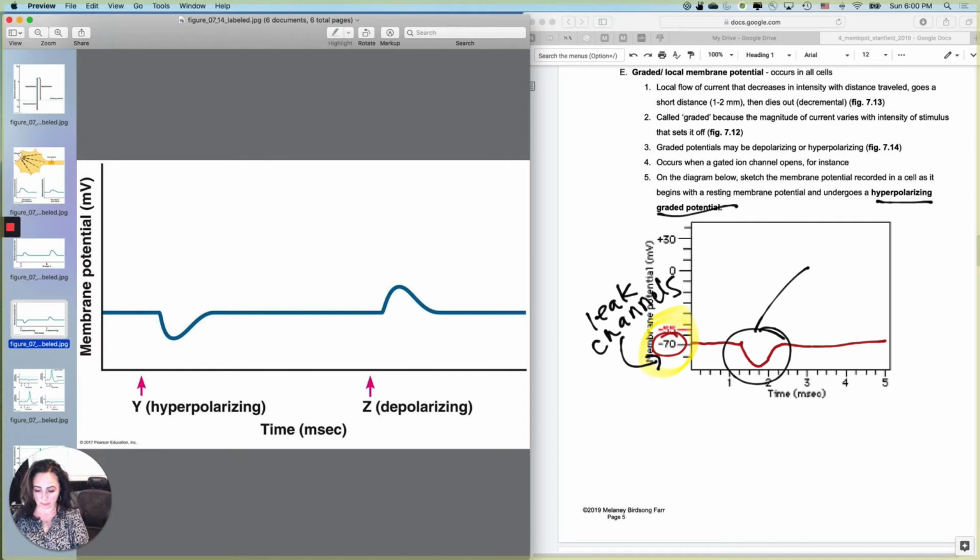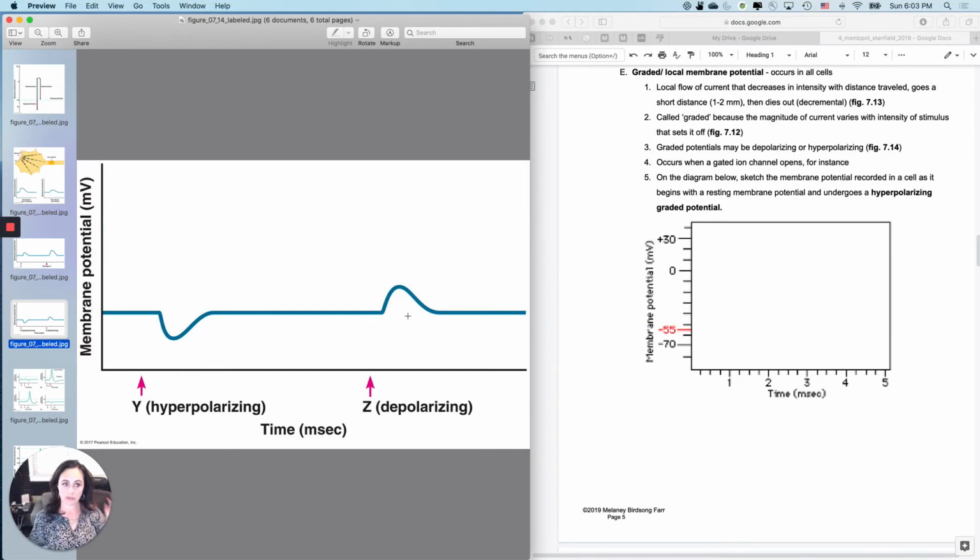So what is it going to be? It's going to be opening, because they're going to move, right? And it's going to be a gated potassium channel. And why is it potassium? Because if I open a potassium channel, the potassium is going to go from the inside to the outside, down its electrochemical gradient. Okay?